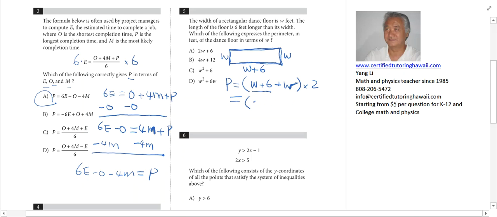Simplify further: 2W plus 6, times by 2, so you will have 4W plus 12. So 4W plus 12 will be the answer here. So B is the answer.